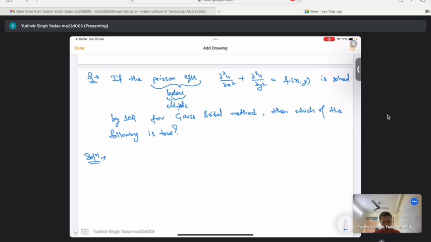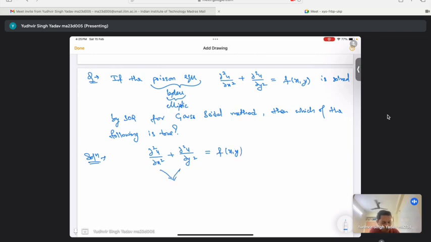So here, I will let you know what we are doing in this question. We are generating a numerical finite difference scheme for this respective question. The given Poisson equation is del 2u by del x square plus del 2u by del y square equals f of x,y.